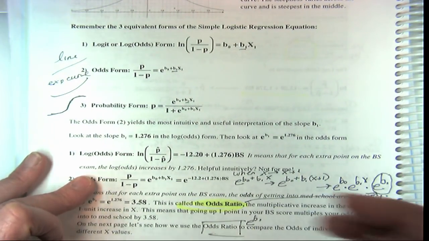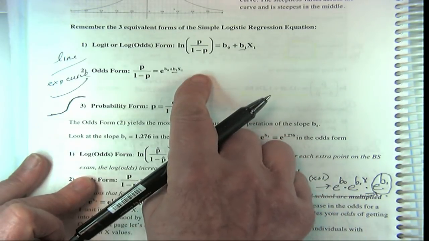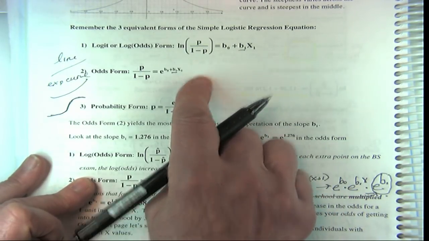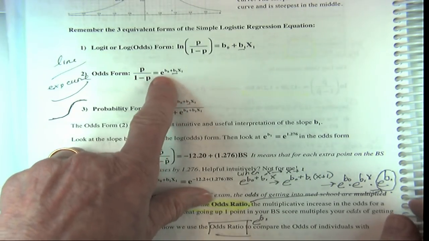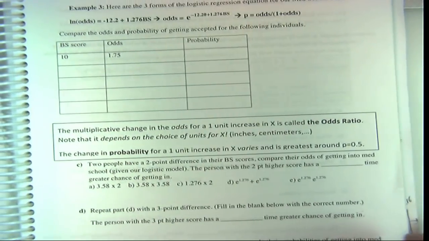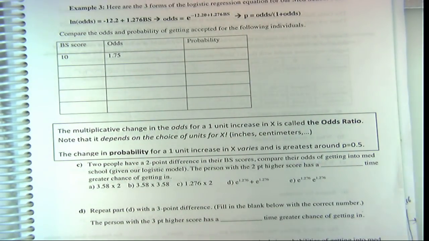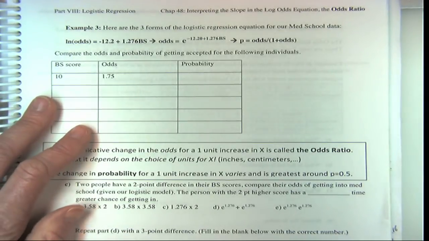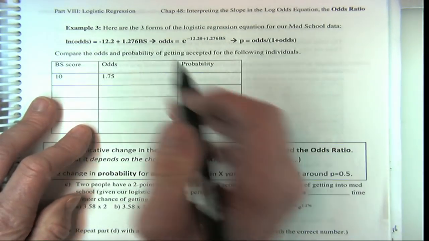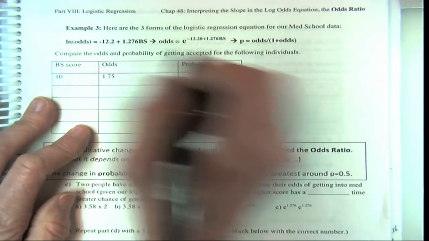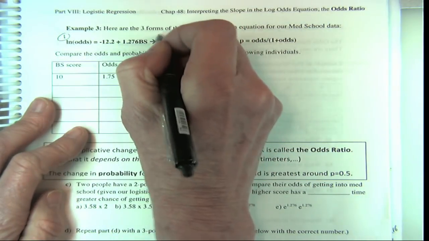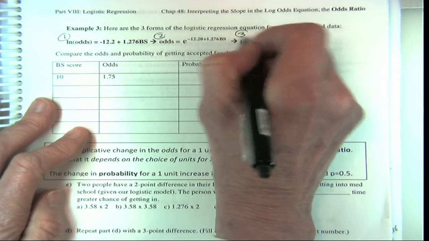Okay, so this is the multiplicative increase in the odds, e to the b1x. So again, here's the 3 forms of the logistic regression. Here's the first one, the second one, and the third one.